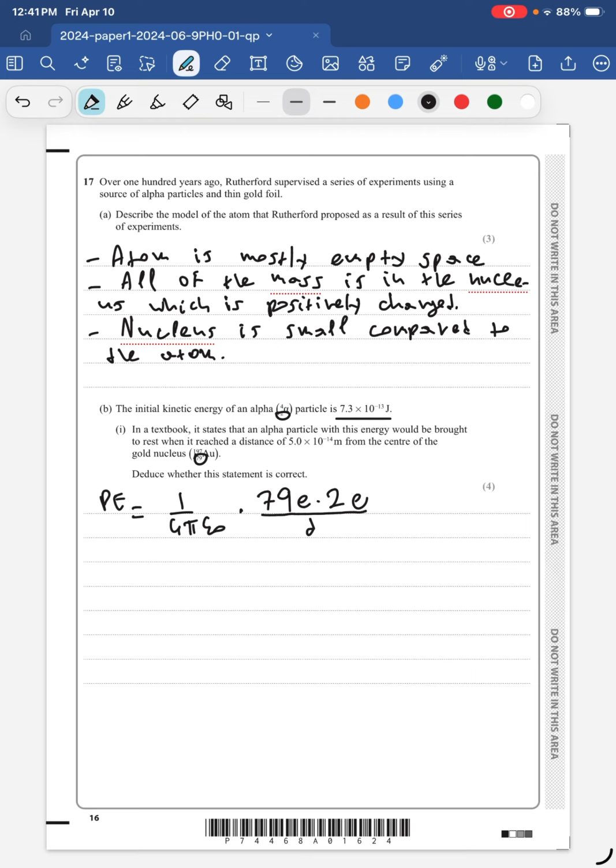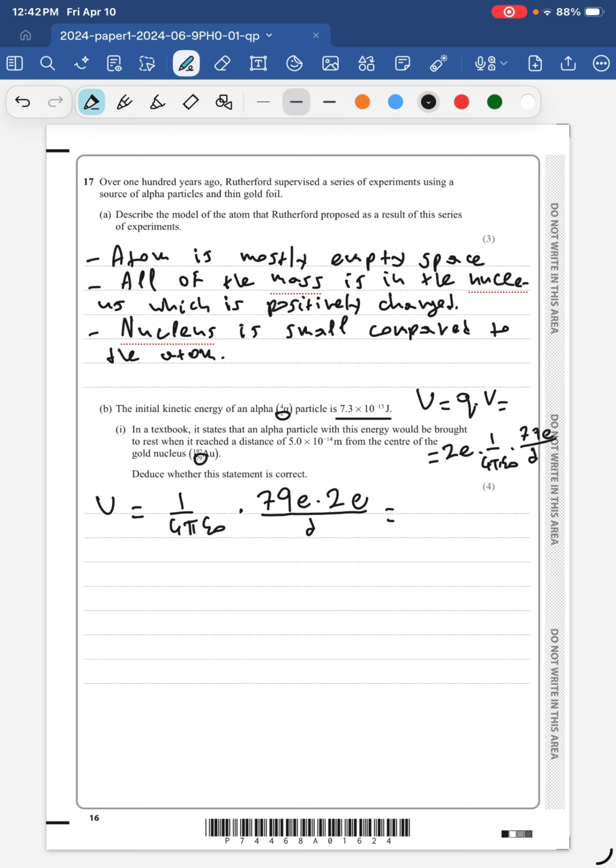Let's denote it by U. So U is equal to charge times the electric potential. In this case, the charge is 2e, and the electric potential is that of a gold nucleus. So that's 1 over 4 pi epsilon naught times 79e over d, where d is the distance from the gold nucleus we are interested in.